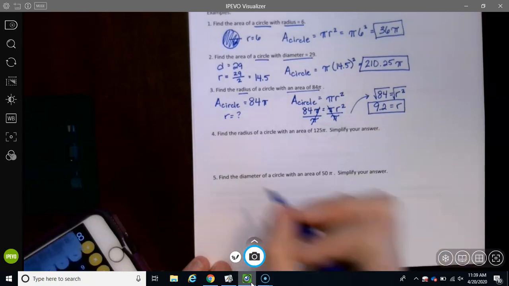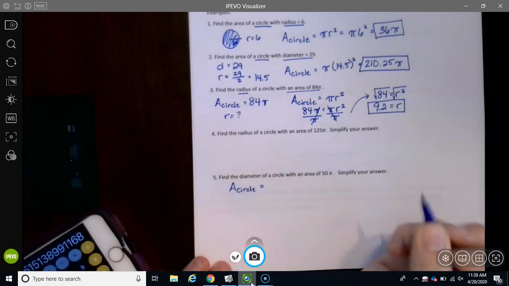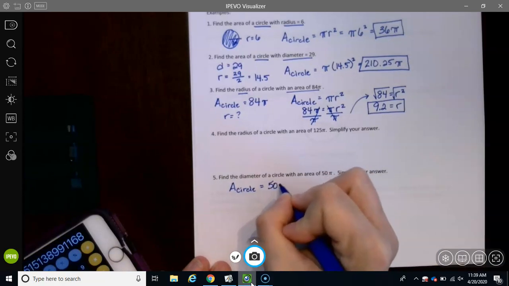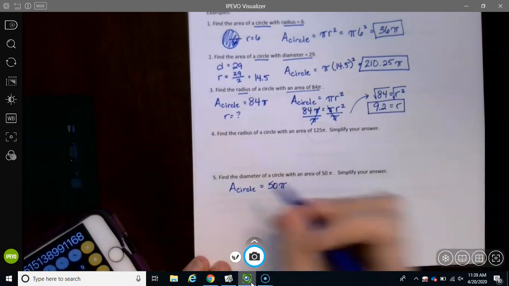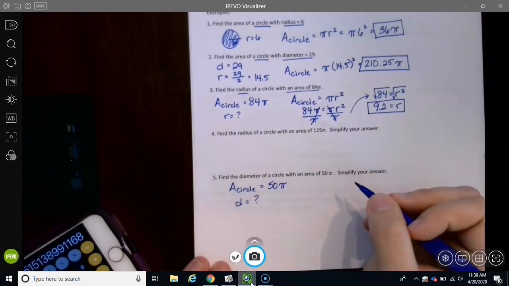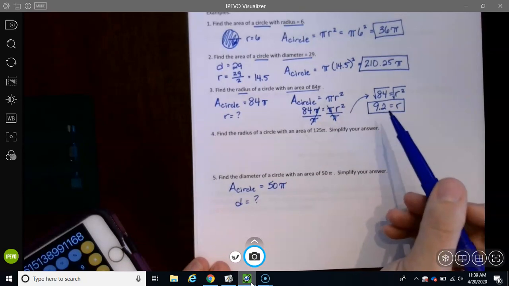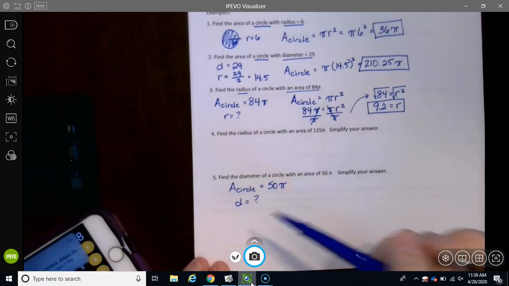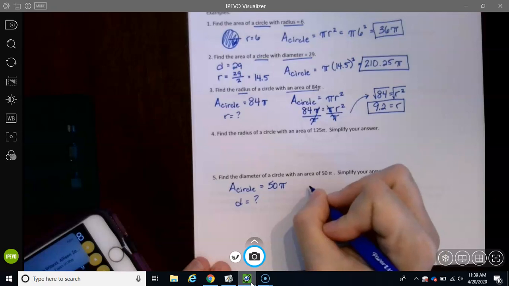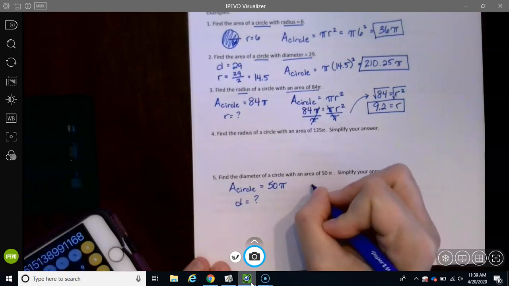So the area of the whole circle equals 50 pi. And they want to know the diameter. So what I'm going to have to do is solve for the radius the same way I did up here, but then once I get the radius, I need to take it times 2 to get the diameter, because the diameter is always twice whatever the radius is.